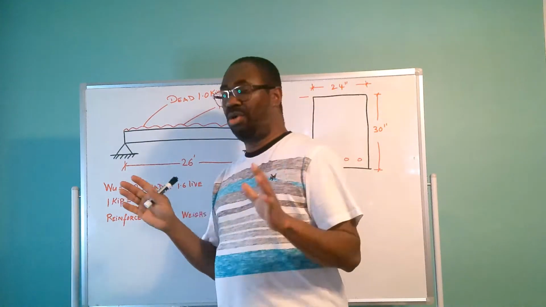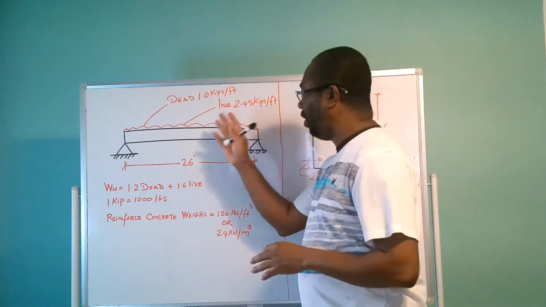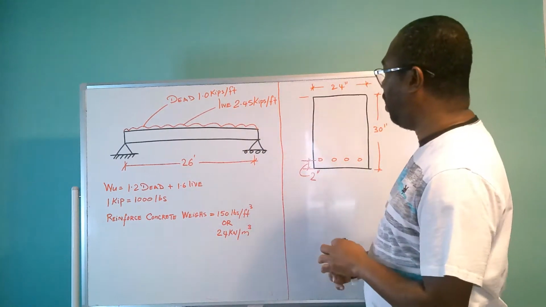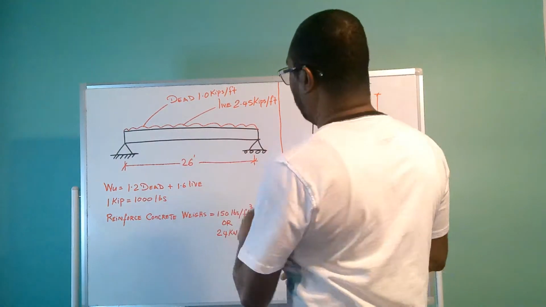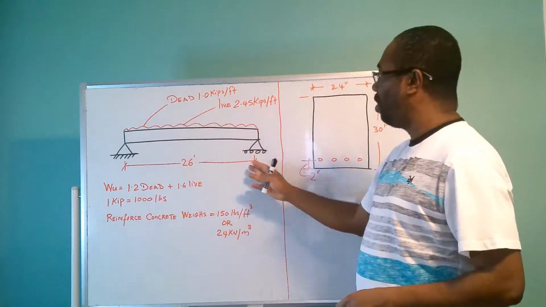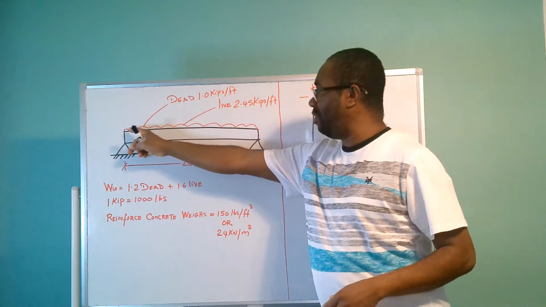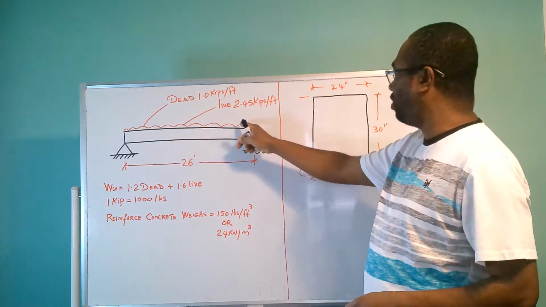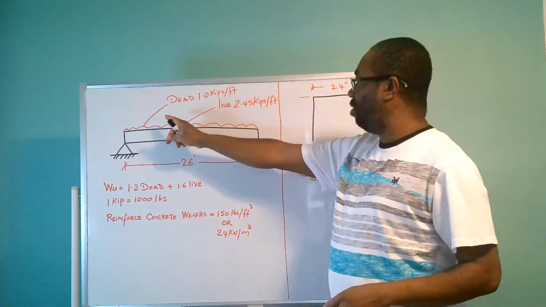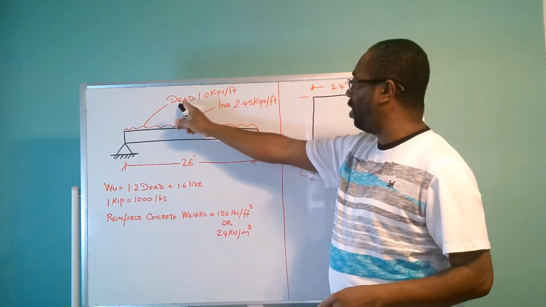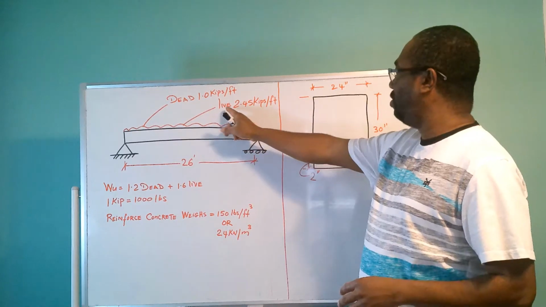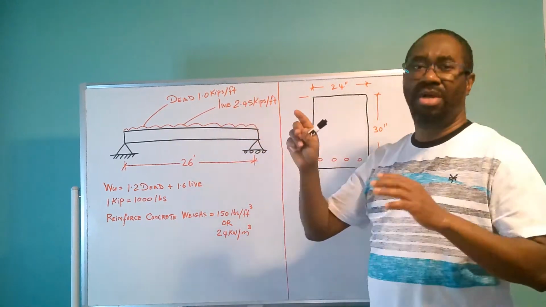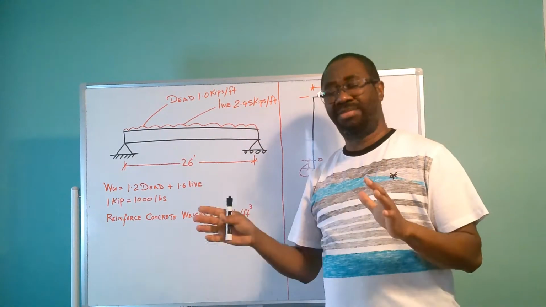So if you look at my board here to the left, you will observe this beam, and this beam carries a uniformly distributed dead load of 1 kips per foot, and a uniformly distributed live load of 2.45 kips per foot.